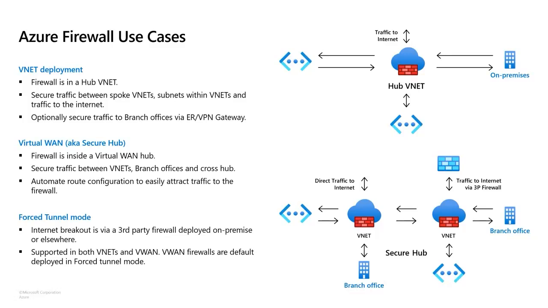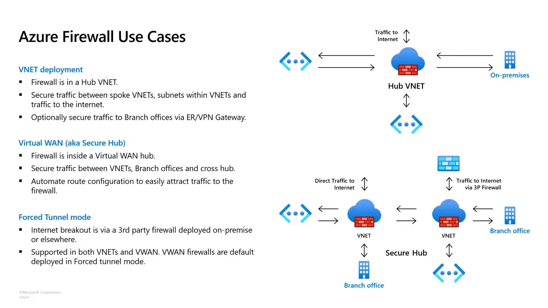Azure Firewall can be deployed in various scenarios to enhance your security and connectivity. And here you can see the three Azure Firewall use cases. The first use case, it can be used in a VNet deployment to secure traffic between spoke VNets, subnets within VNets, and traffic to the internet.